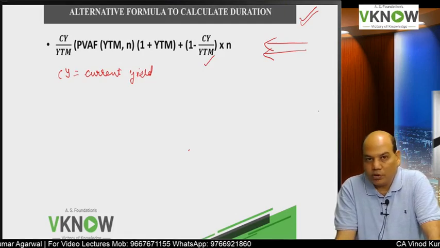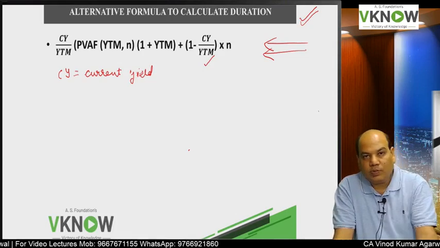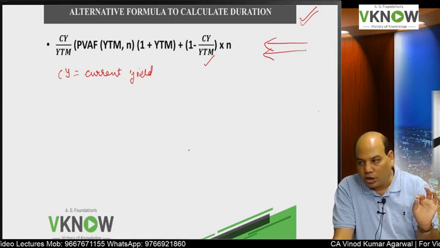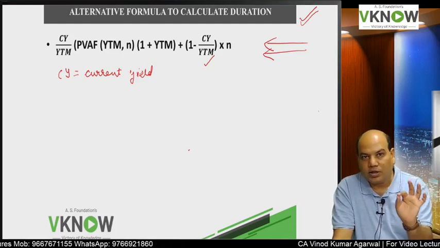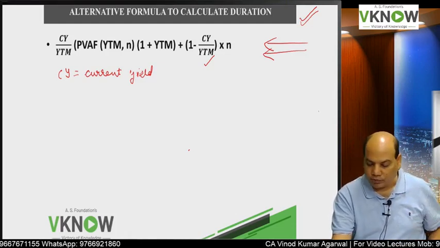So I'll repeat the formula. Current yield upon YTM into, you have to multiply by PV annuity factor of YTM and given number of years into 1 plus YTM plus 1 minus current yield upon YTM into N. N means number of years.